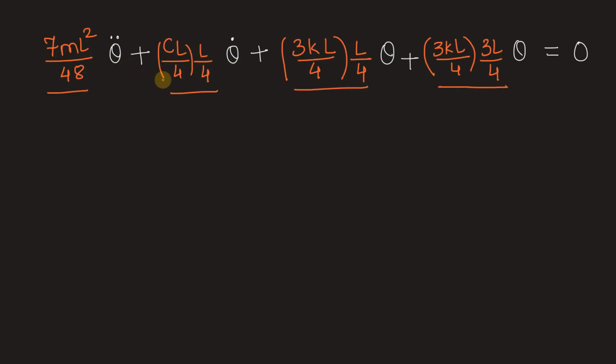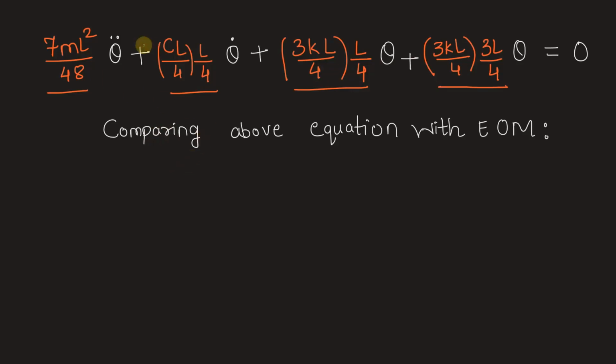I just wrote the damping first and then the stiffness terms. By comparing this equilibrium equation with the equation of motion, the one with m star, c star, k star, we will just write the coefficients of theta double dot, theta dot and theta together. So we can write the values of m star, c star and k star.